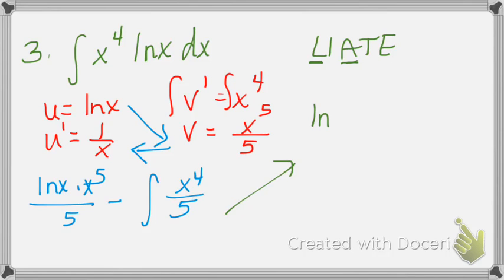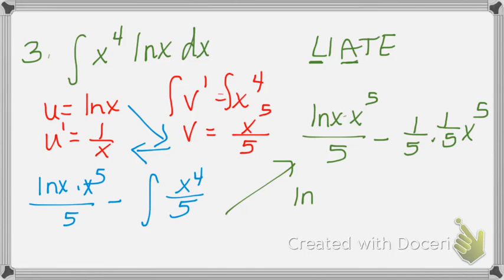So alright, the antiderivative of x to the 4th, I'm going to leave that 1/5, is add 1, so it's 1/5 x to the 5th. So our answer is that.